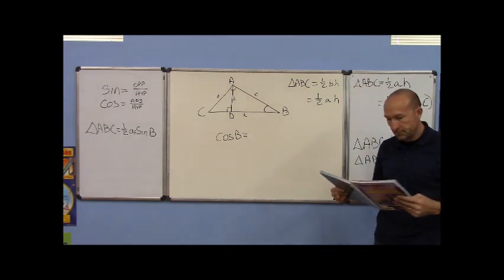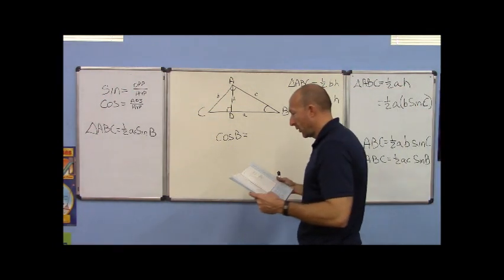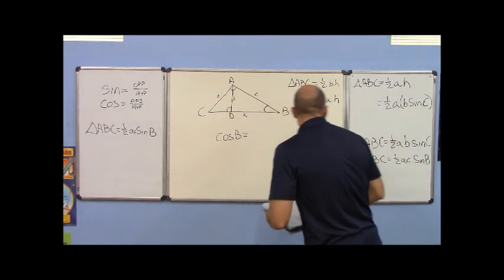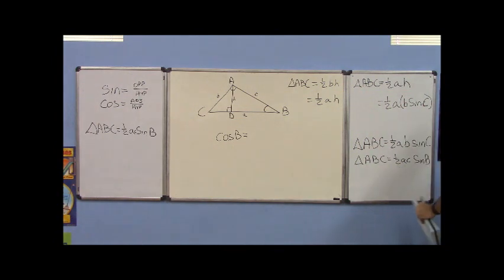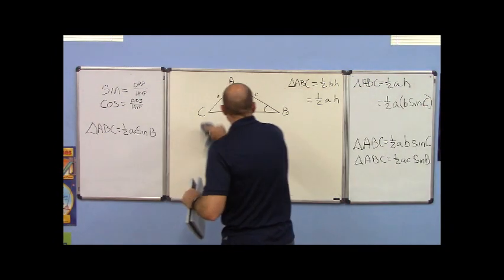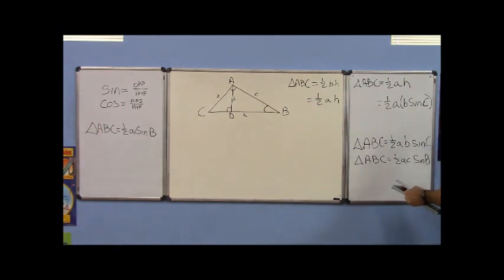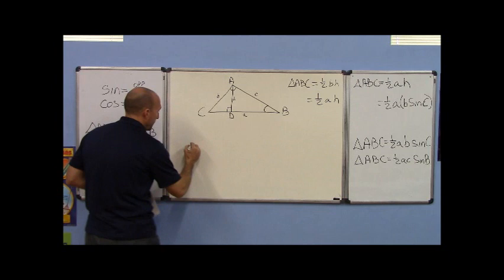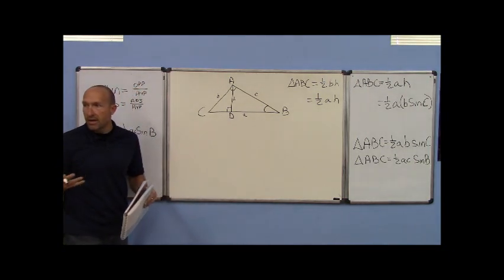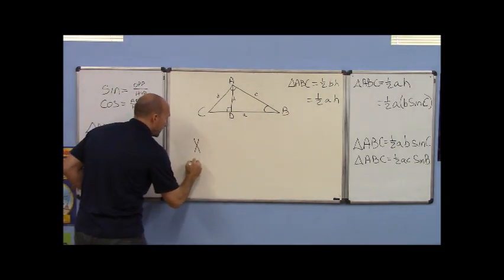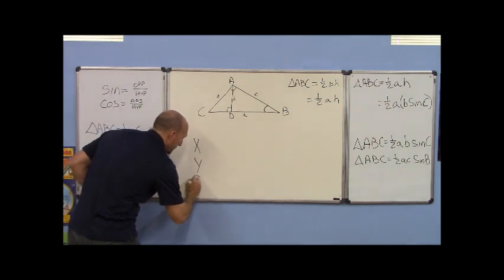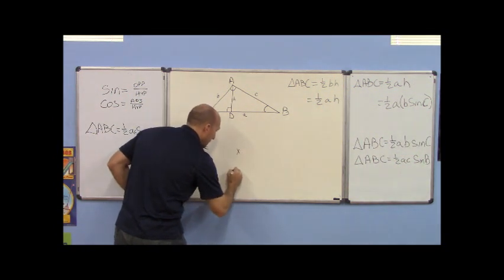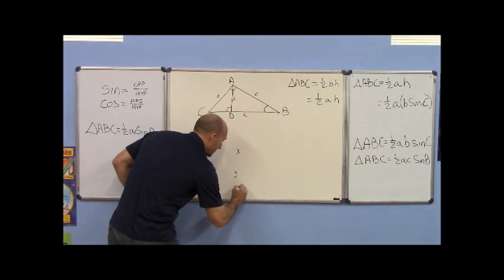Now, if you look at example number 2 on 11.1. Here we are given a triangle with angles X, Y, Z. So we have capital X, capital Y, capital Z, and then we have sides x, y, and z.